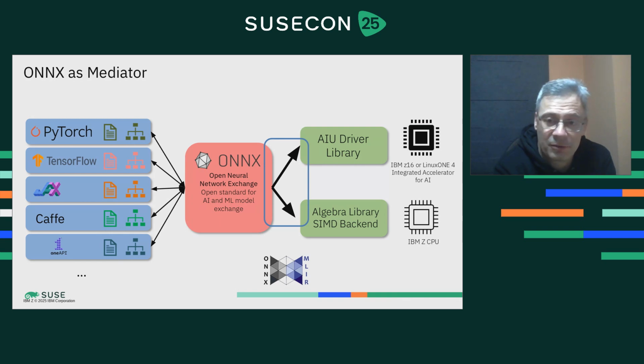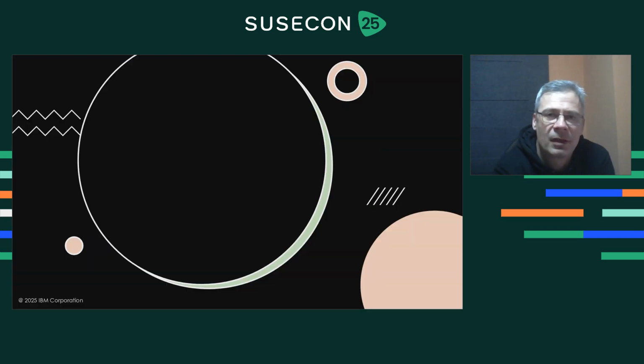We'll see that in a couple of slides. And if that's the case, there's ONNX-MLIR available, which is basically compiling the respective neural network model into binary code for our platform. Then, depending upon what exactly the model needs, the code can exercise either the AIU or the SIMD backend. So we're basically taking the best of both worlds.